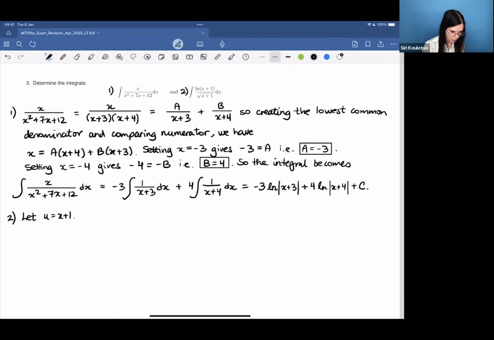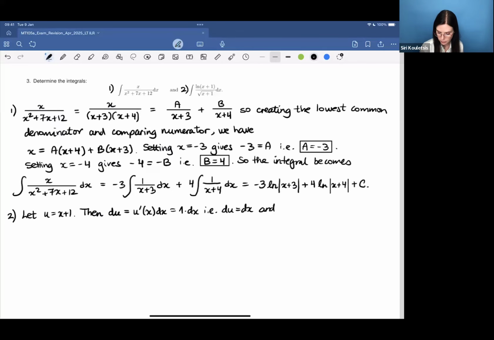So let's see what precisely we have. What's du? It's u prime of x dx by definition, but u prime of x is just 1. In other words, du is just dx in this instance. And now we can write the integral entirely in terms of u.